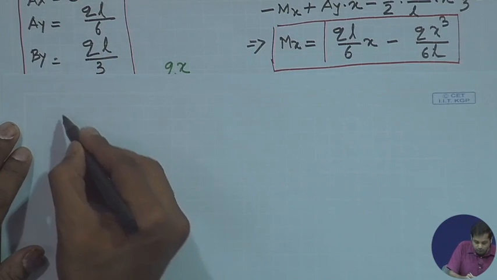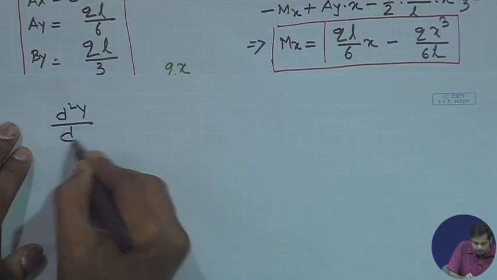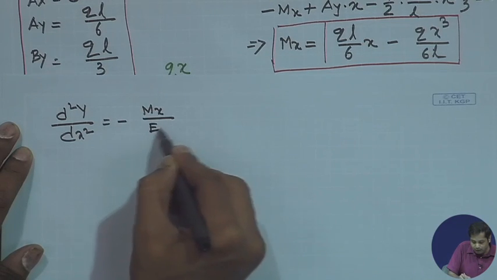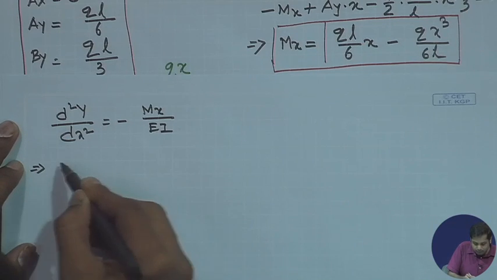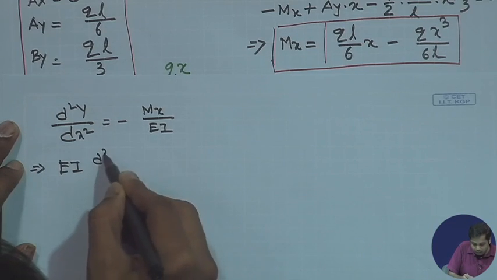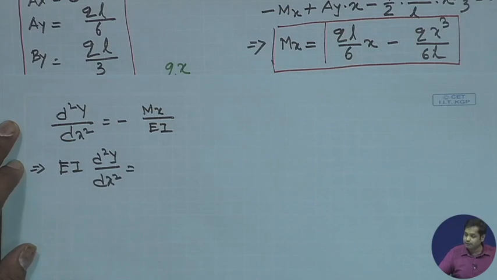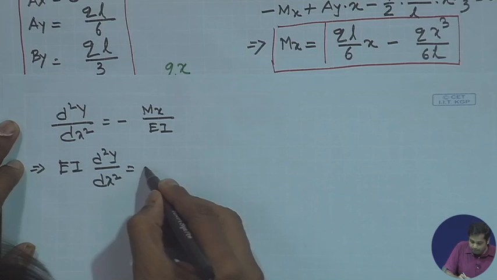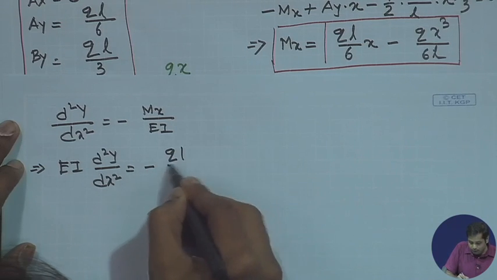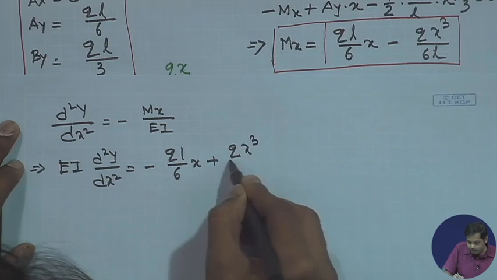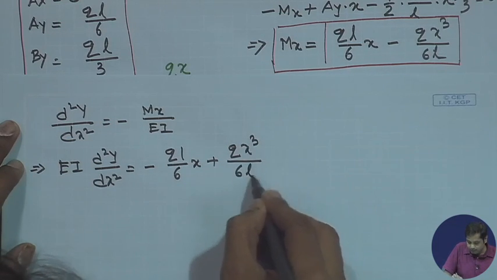Yes. So, we have d2y/dx2 equal to minus Mx by EI. So, this will give us EI d2y/dx2 equal to minus of this expression, and this will be minus qLx/6 plus qx^3/6L.